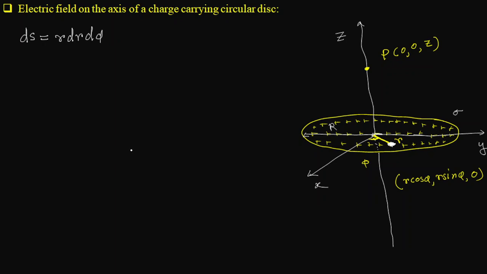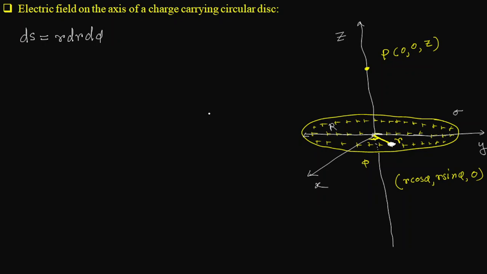In the xy plane, if we want to write this elementary area in terms of x and y, we write dx dy. If we want to write it in terms of r and phi, we write r dr d phi. So this is the elementary area.